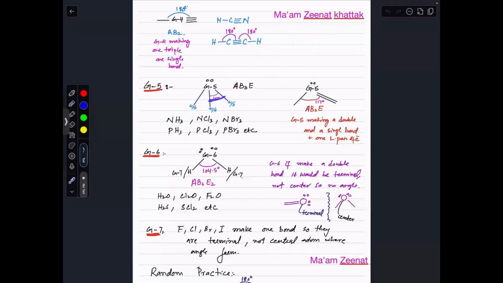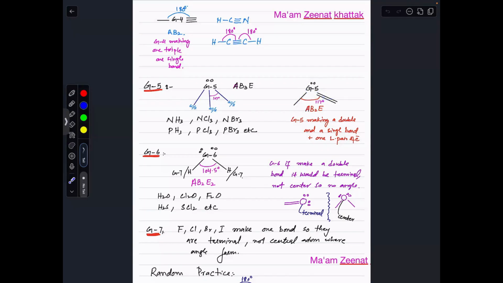Or the two are double, like this way. There are possibilities, like nitrogen making a double with oxygen, or with a carbon, and giant structures. So all 3 single and 2 shared and 1 lone.